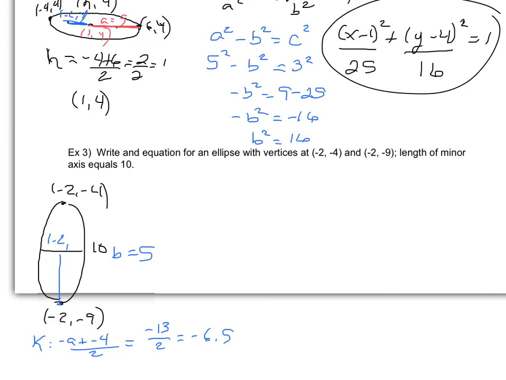So now the distance to find my a between -6.5 and -9, I would say is 2.5 units. So I'm going to say my a is 2.5. And the reason this isn't making sense is because I'm looking at my work, and this was supposed to be a 9, not a -9.